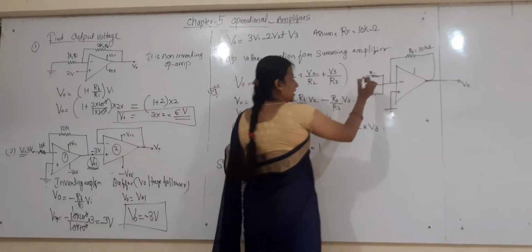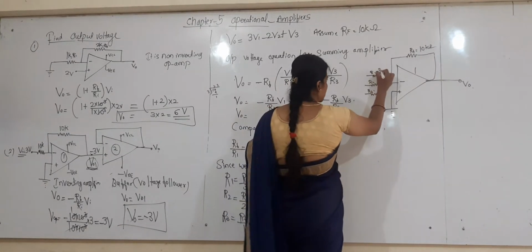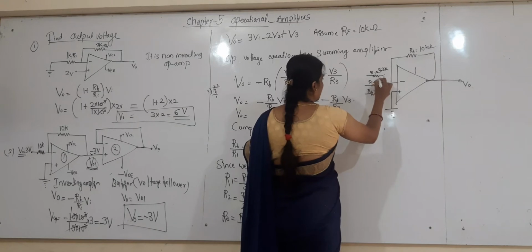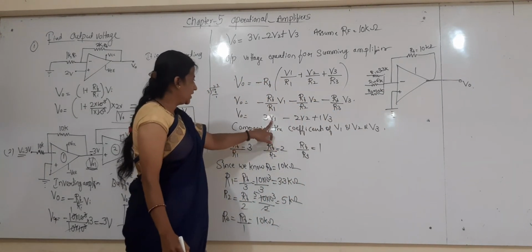So here you have to find the design values. R1 is 3.3k, R2 is 5k, R3 is 10k. Now see here, V1 is positive, 3V1.